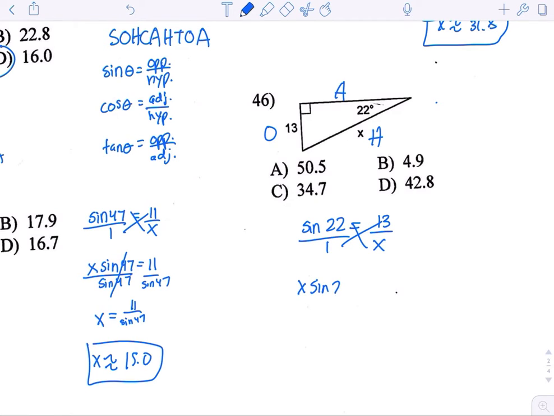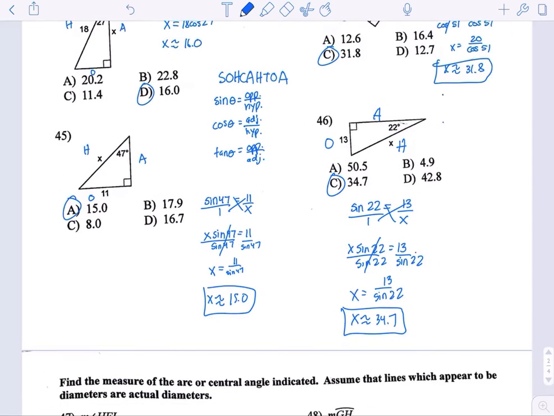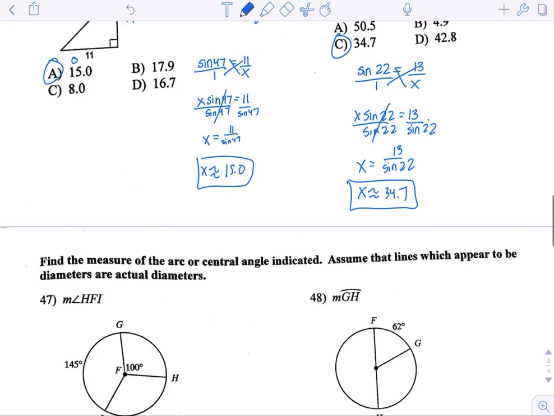X sine 22 is equal to 13. Divide both sides by sine of 22. So x is equal to 13 over sine 22. Put 13 divided by sine of 22 into your calculator, and you should have gotten 34.7, which is C. So that's essentially all of our trig stuff. Okay?